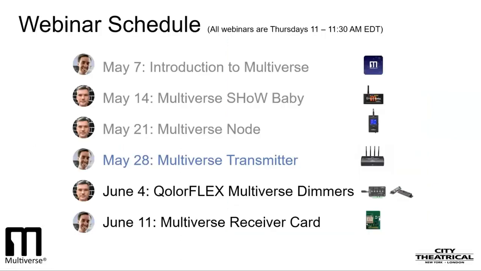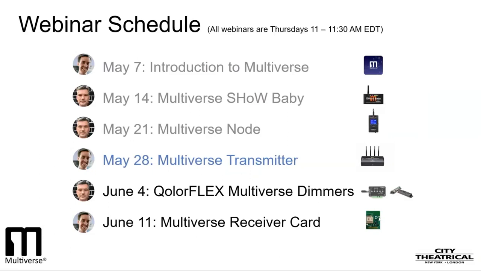Let's first take a look at our full webinar series to give you an idea of what we've been reviewing and what you can learn. Our webinars are brief, 20 to 30 minutes, but filled with both general information about wireless DMX and specific information about our individual products. Our first webinar was an introduction to the 11 breakthrough technologies that make Multiverse different than any other wireless DMX in the world.